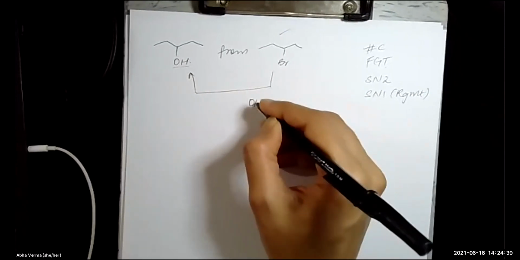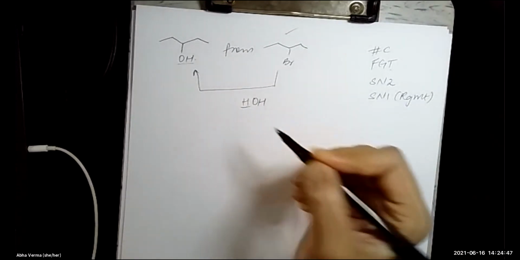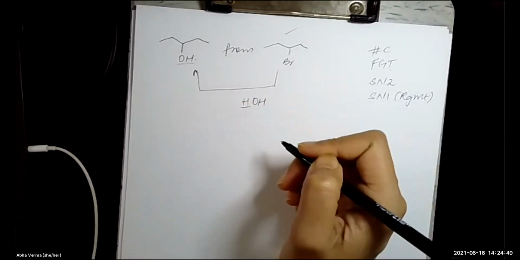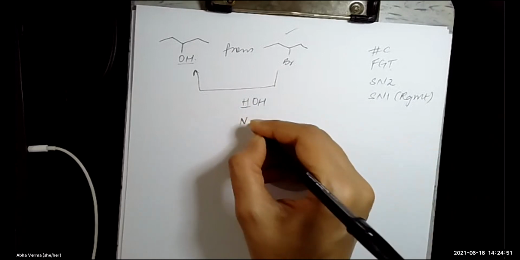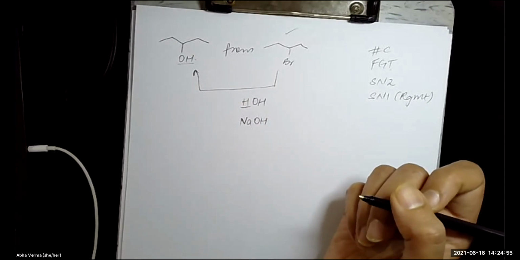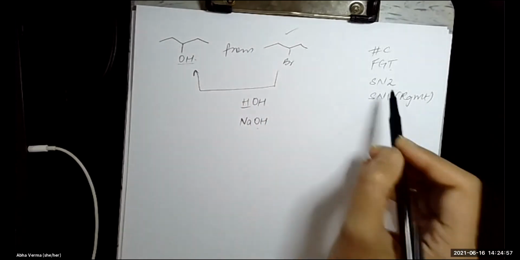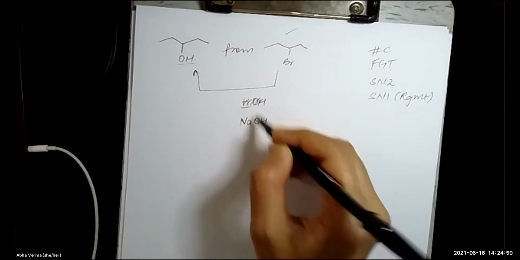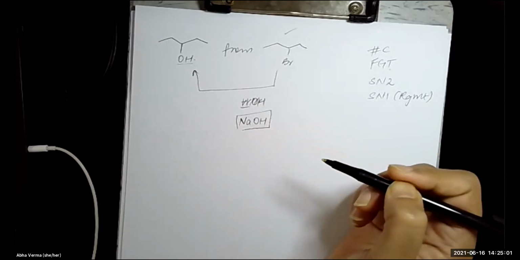I need an OH. What is the balancing factor? Would I put an H here to make it a protic acid, or should I put a metal ion here to make it a stronger nucleophile? Definitely for an SN2, I would stick with NaOH.